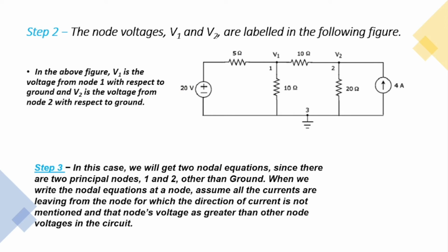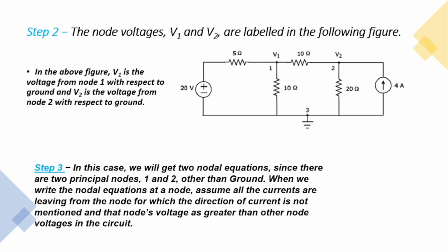Step 2: The node voltages V1, V2 are labeled in the following. In the above figure, V1 is the voltage of node 1 with respect to ground, and V2 is the voltage of node 2 with respect to ground.